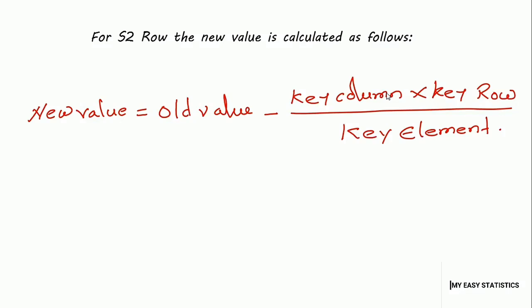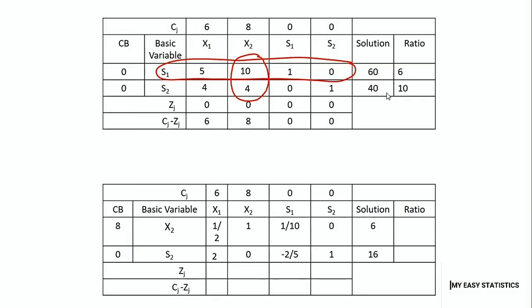This formula need to be remembered to identify the new values for s2. Okay, to do this one, I am showing example wise. Right, let us start. This is the old value. 4 is the old value. Now we need to find a new value for this s2.